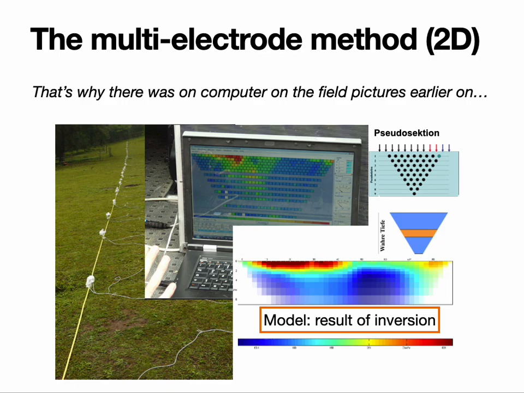It's because this computer is doing the model, transferring the pseudo depth section to an actual depth distribution of resistivity. This model is a result of an inversion, and this requires computation.